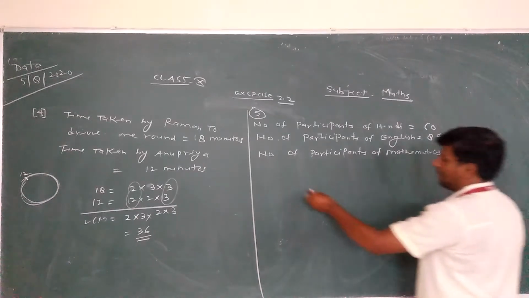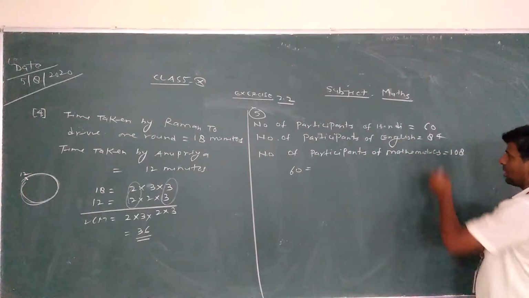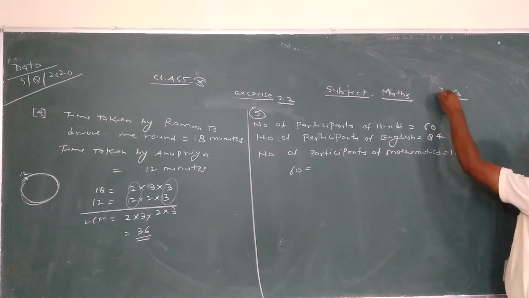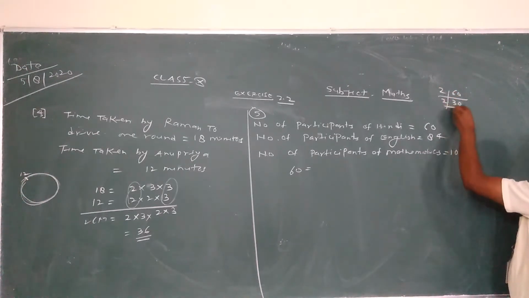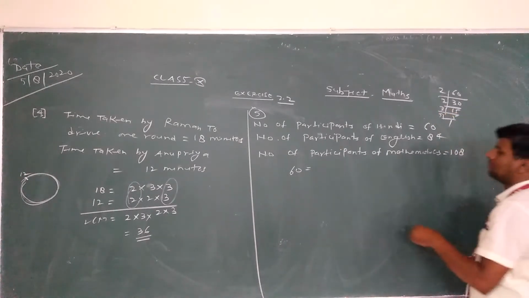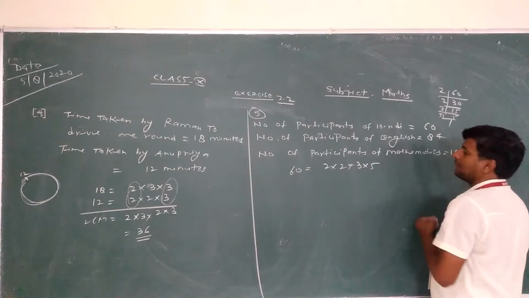First we need to make the prime factors of these numbers. For 60: 2, 30, 2, 15, 3, 5, so we have 2, 2, 3 and 5.